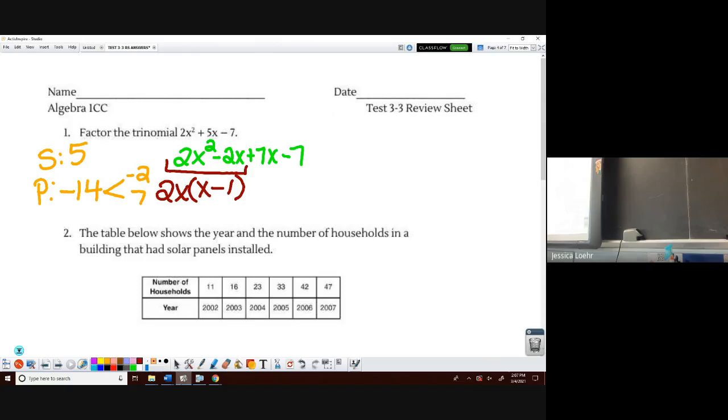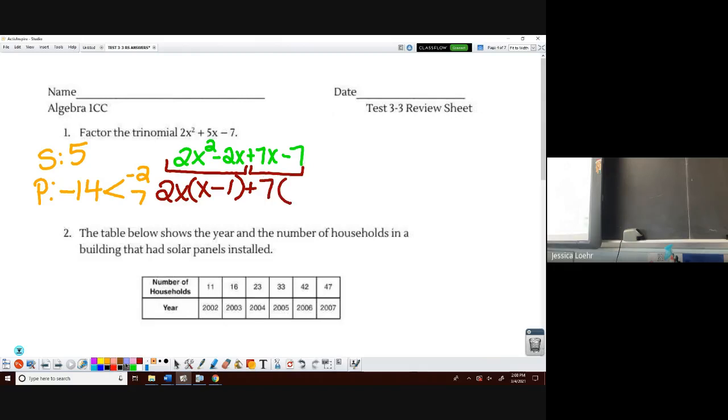In terms of variables, it's the one with the lower power. Between x squared and x, x has a lower power. It can only be an x or a variable if they both have a variable in common. So greatest common factor of 7x minus 7: 7 doesn't have an x, so there's no x in this GCF. The GCF is 7, because they're the same number.